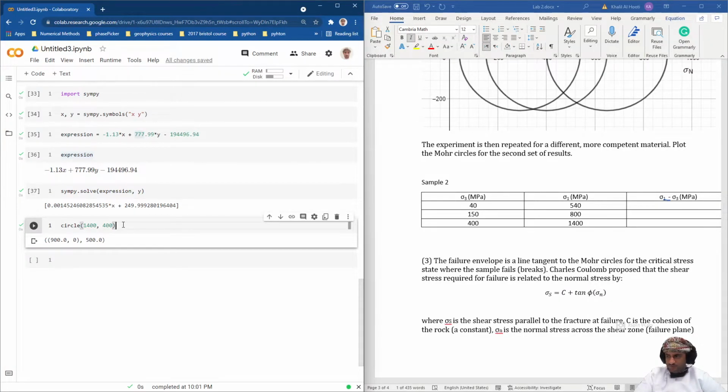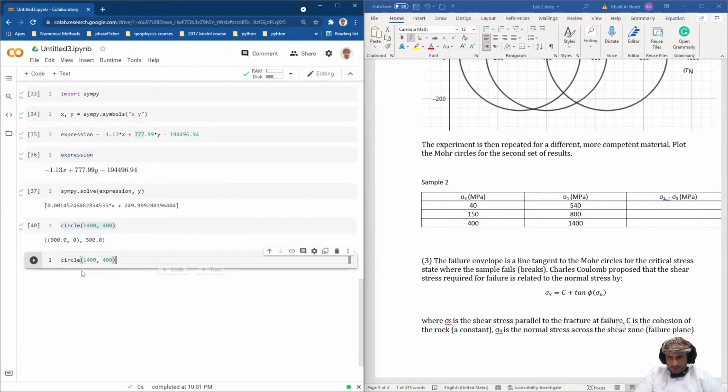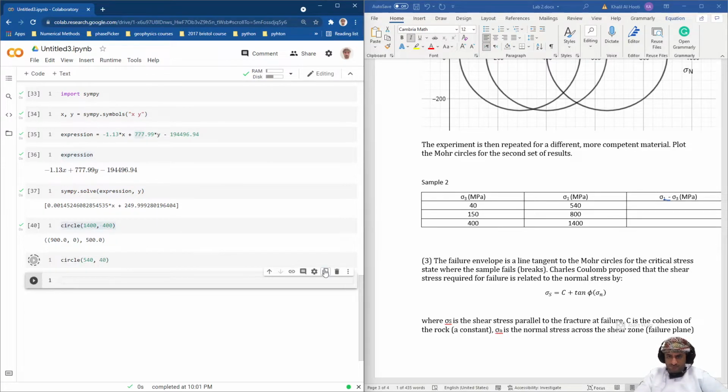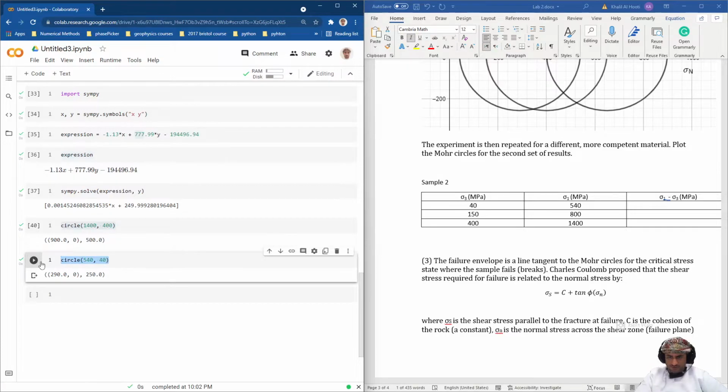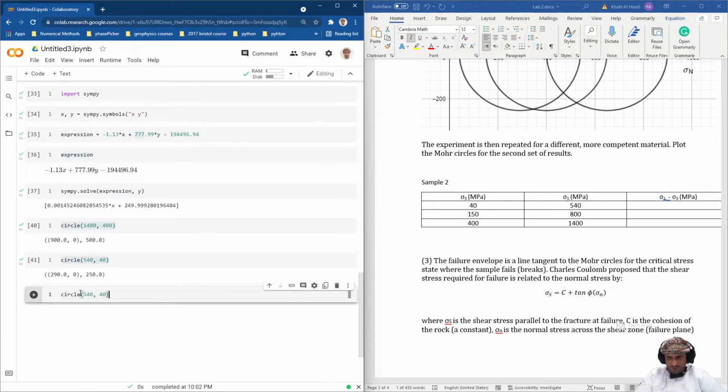Yeah, let me do them one by one. I think this is 400, 100. That's perfect. The second, this is 540 and 40. Yeah, 290 and 25. The middle one is 800 and 120. Sorry, 150.